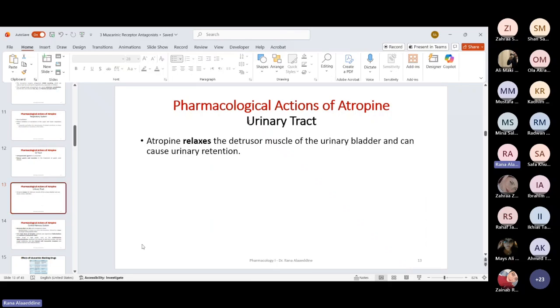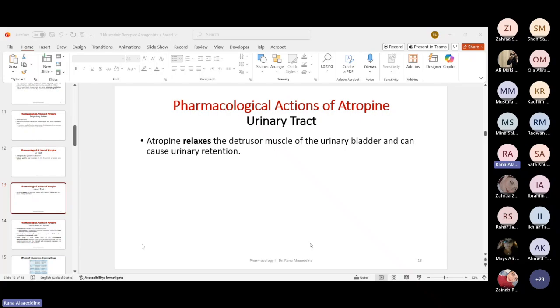The urinary tract, we said that this drug relaxes the urinary bladder and causes something called urinary retention. Let's explain this now. What do we mean by urinary retention? What's the opposite of urinary retention? So what do we call it when someone is urinating excessively?